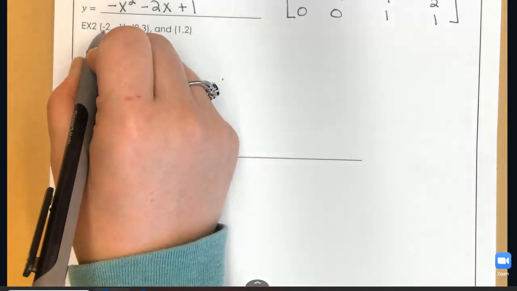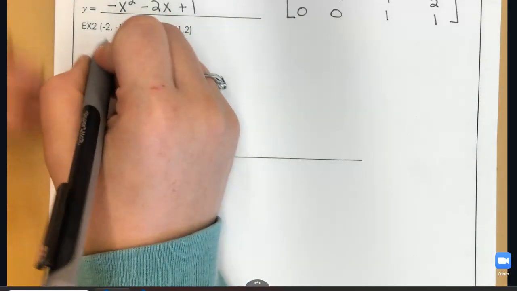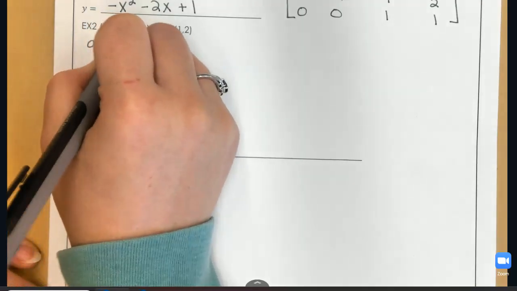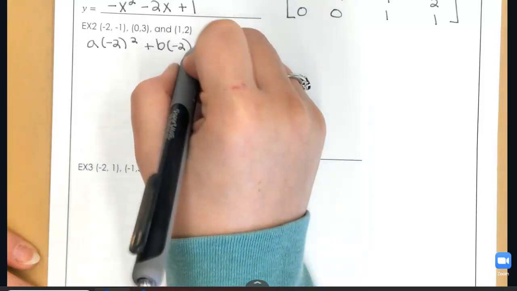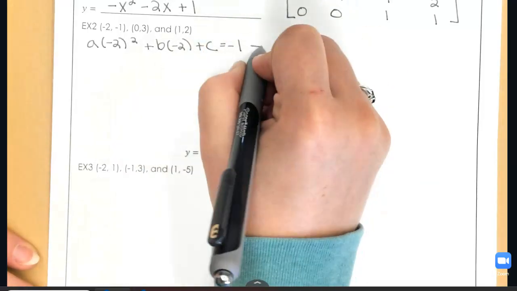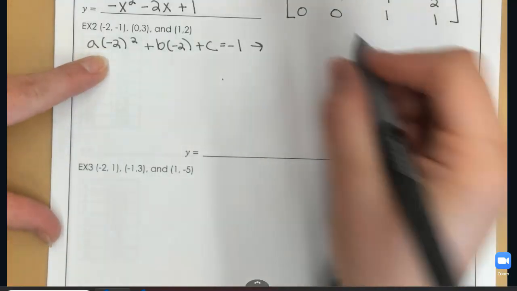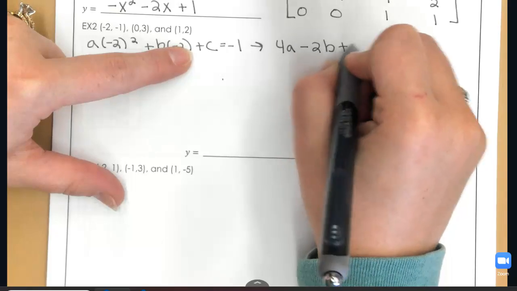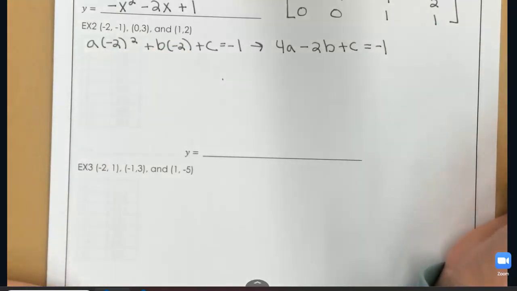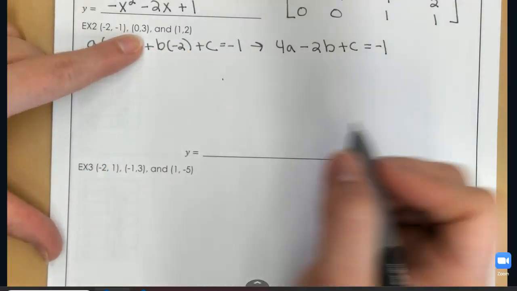On this next one, my first point is -2, -1. So that will be a times -2 squared plus b times -2 plus c equals -1. So simplifying that out, -2 squared is +4, so I'll have 4a. This will give me -2b plus c equals -1. Now I'm going to move on to my next point, 0, 3.